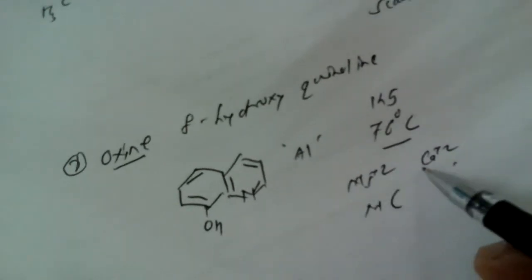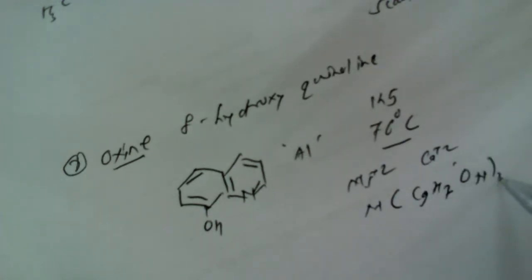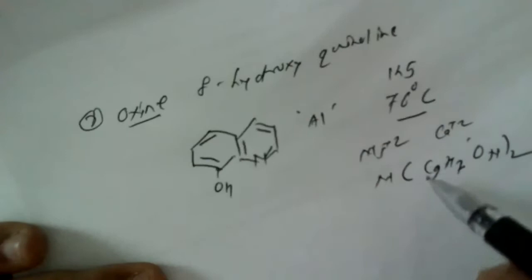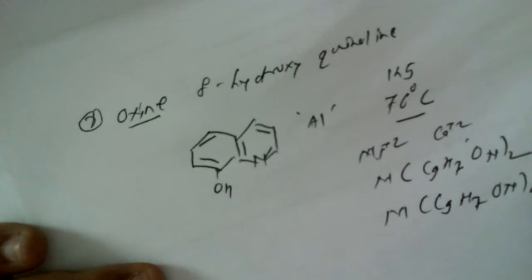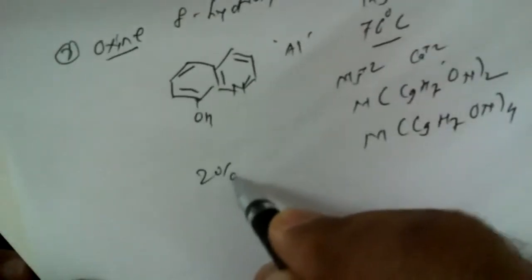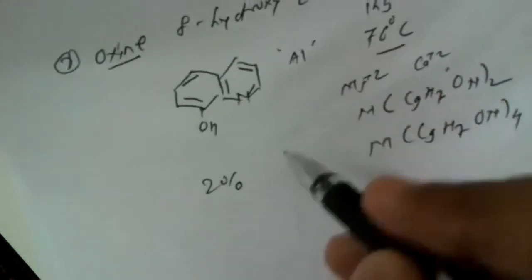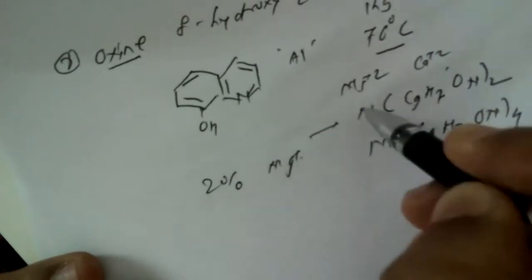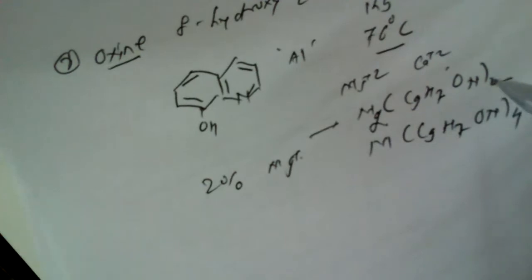M stands for metal, M(C9H7ON) twice. And with tetravalent metal ions, it has the composition M(C9H7ON)4. For the estimation of magnesium, a 2% solution prepared in acetic acid is used for the detection of magnesium, a divalent ion which can form a complex like this, Mg(C9H7ON) twice.